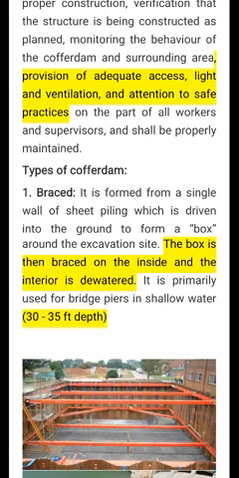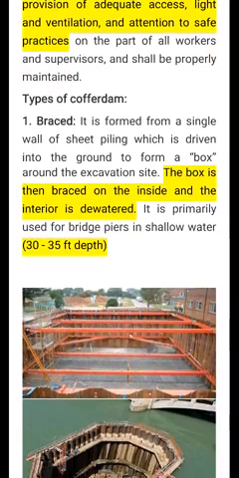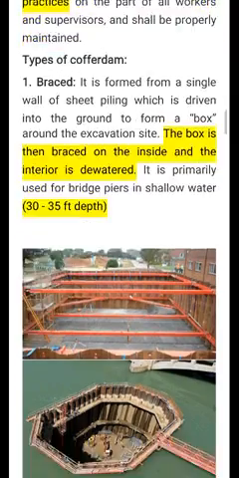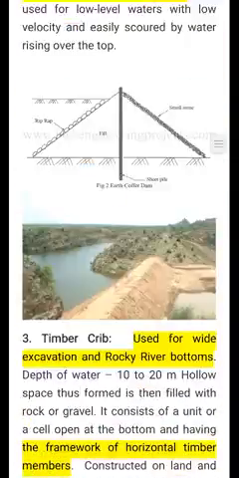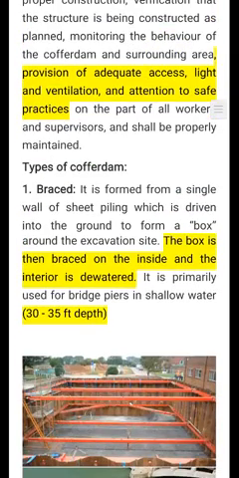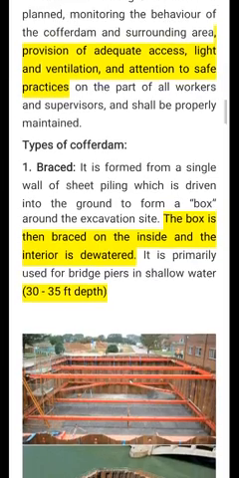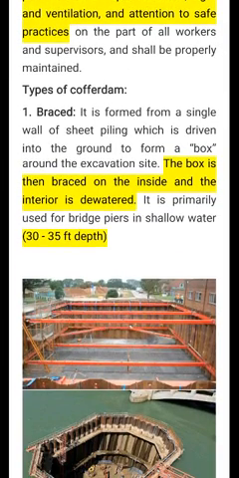Now, types of cofferdam. Cofferdams generally have five to six types. First of all, the braced cofferdam. You know the bracing system. Bracing is nothing but horizontal support to the structures. The box is braced on the interior side.